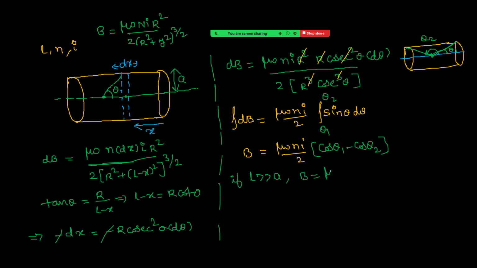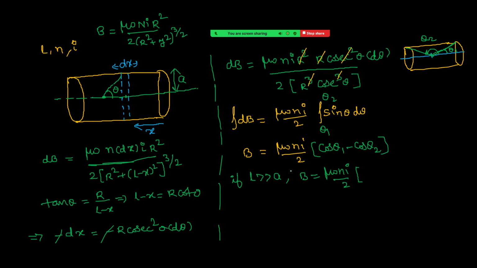B equal to mu naught N I by 2. Right. Now see what is theta 1. When it is a long solenoid, this theta 1 becomes now 0 because this end will be at infinity. Right. Otherwise, we can write like this.